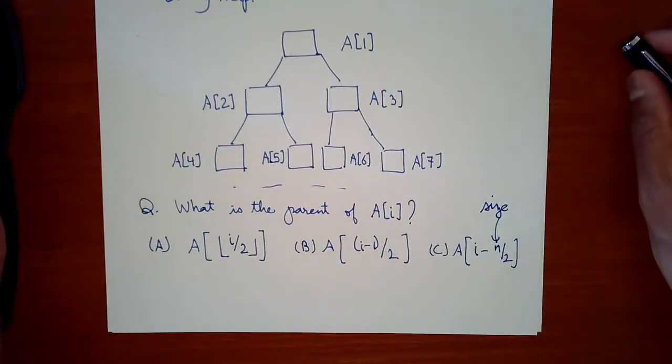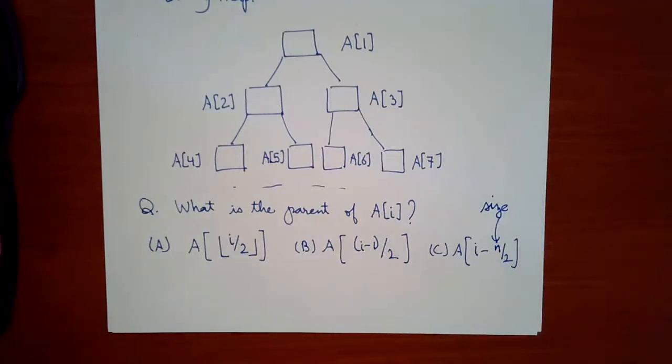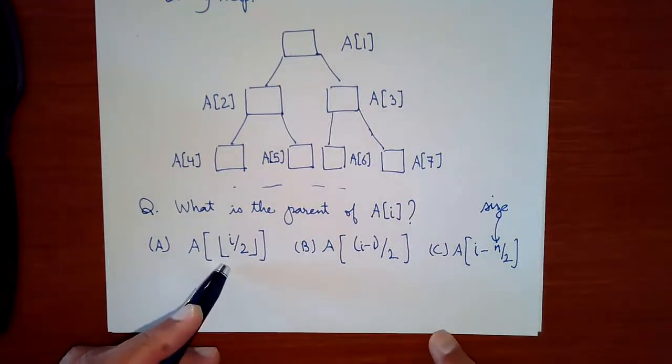So which of these is correct? Look at the example and it will make sense. Right, so recall that the floor is basically rounding down.